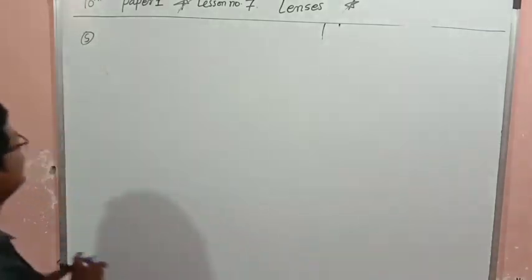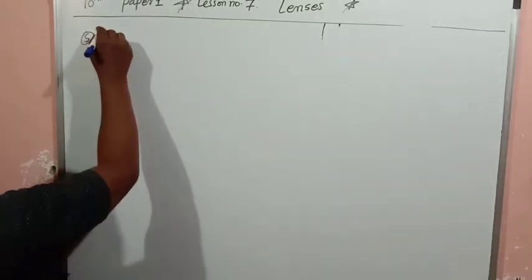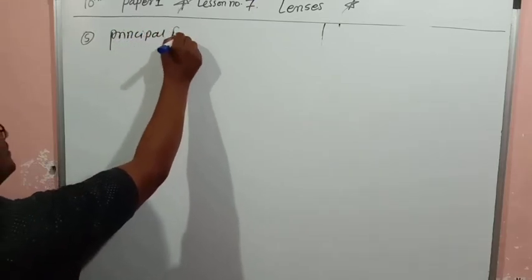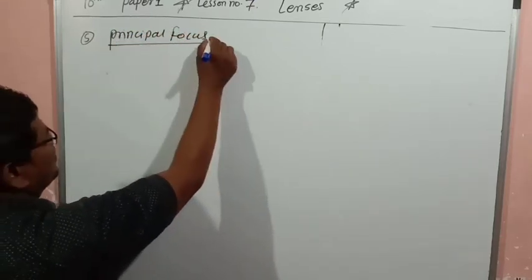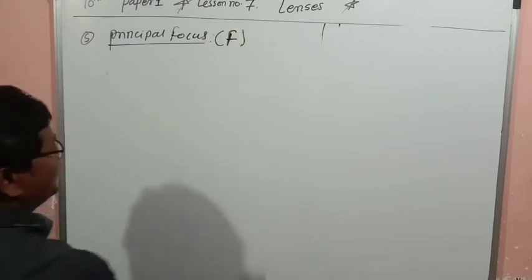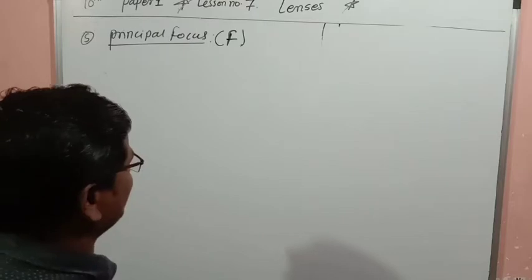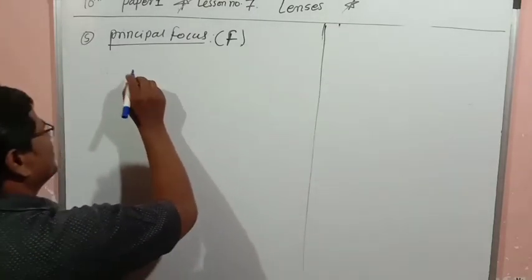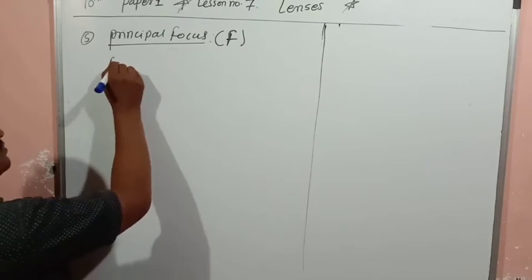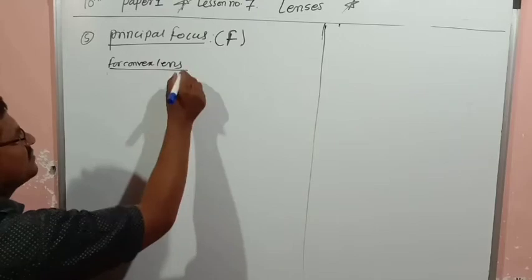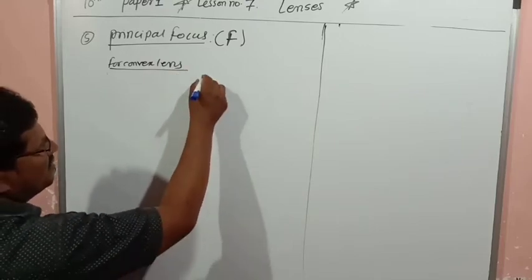Now the fifth point is the principal focus, and it is denoted by the capital letter F. And each lens is having two principal foci. In that, first we will draw the diagram for the convex lens. Suppose you take one convex lens.